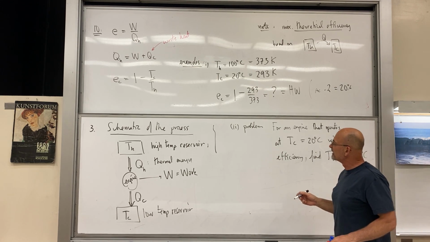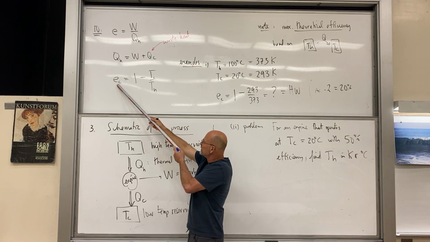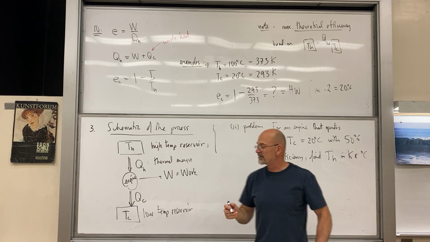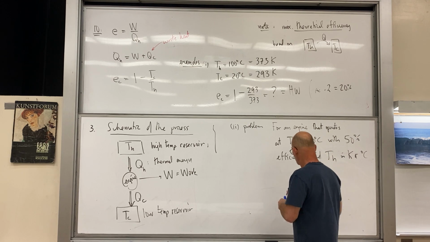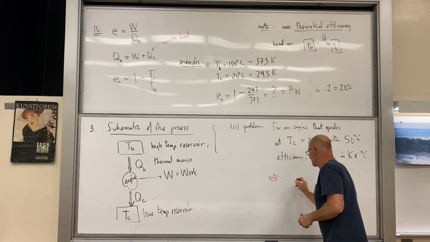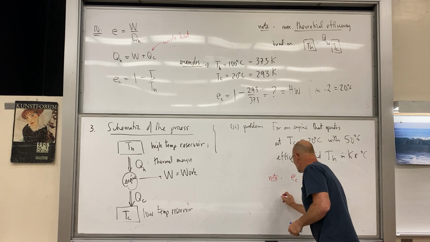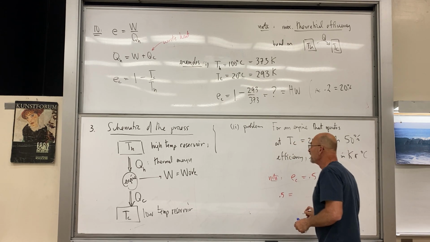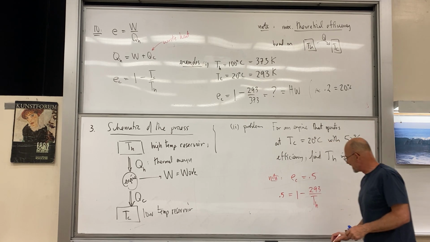Well, what we're saying is we're solving this equation. We've got to do a little algebra where E sub c is equal to 0.5. So note, what we're looking at is E sub c is equal to 0.5, so we would be solving 0.5 is equal to 1 minus 293 divided by t sub h.